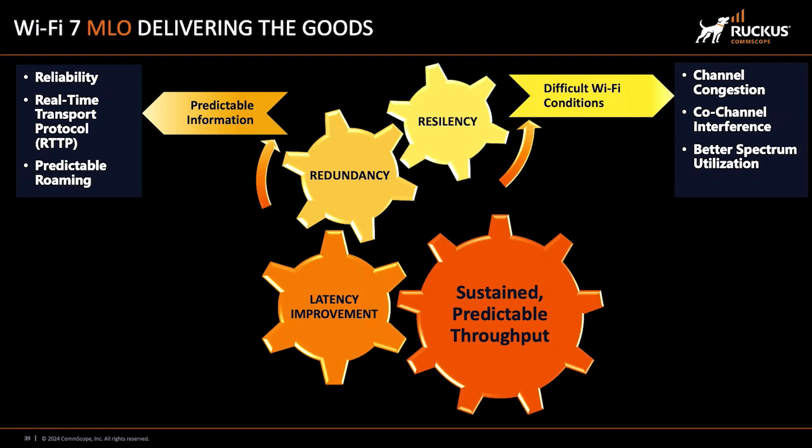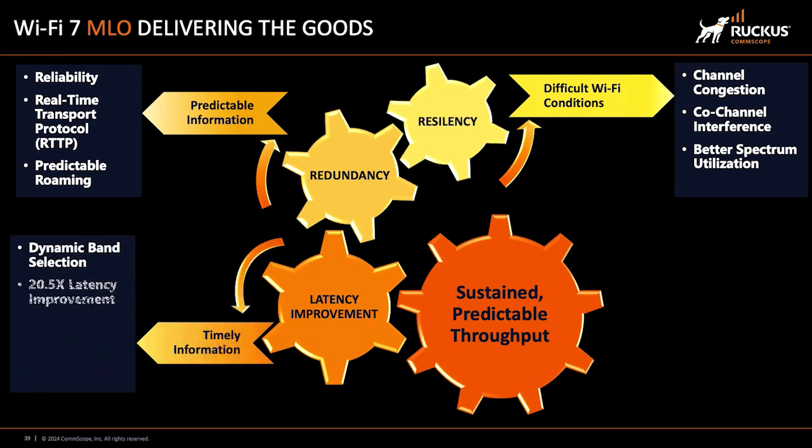And that's why this is really a stepping stone to 802.11bn when we try to get those multi-AP MLOs working. Latency improvements for timely information, doing stuff like dynamic band selection. That's cool. The average of 20.5 times improvement, because VR demands low latency.